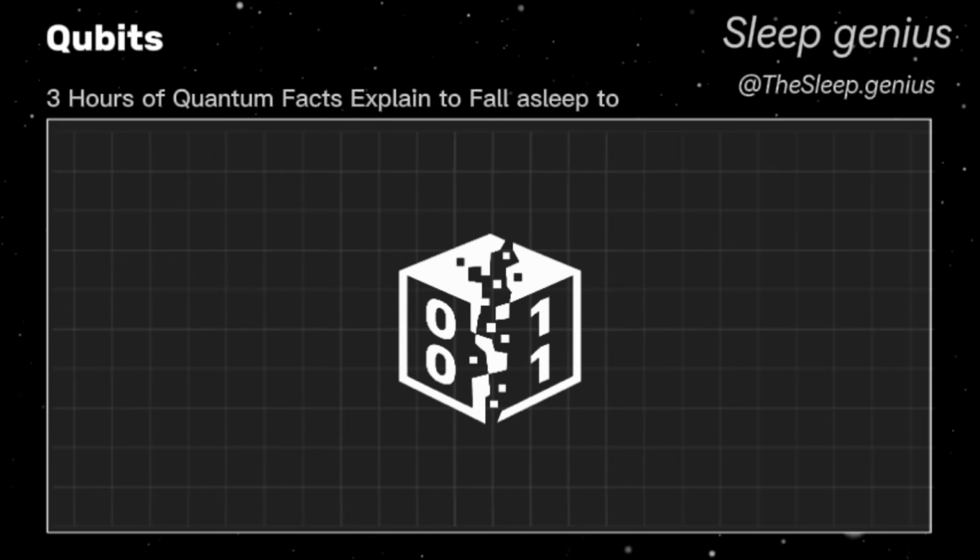Yet the qubit is not confined to philosophical rumination. Its peculiarities have tangible applications that promise to reshape technology. Quantum computers leverage superposition and entanglement to solve problems that are intractable for classical machines, from factoring immense numbers to simulating complex molecules.